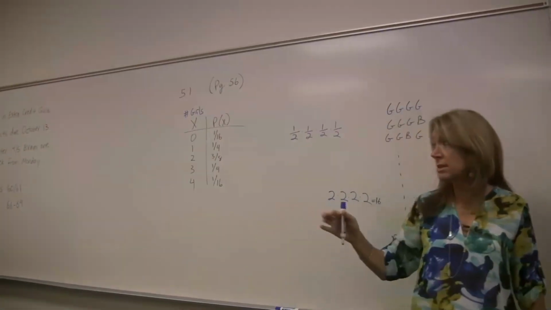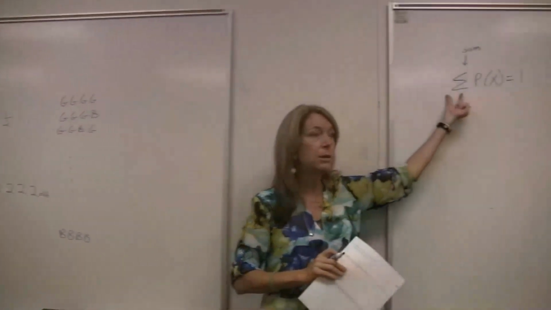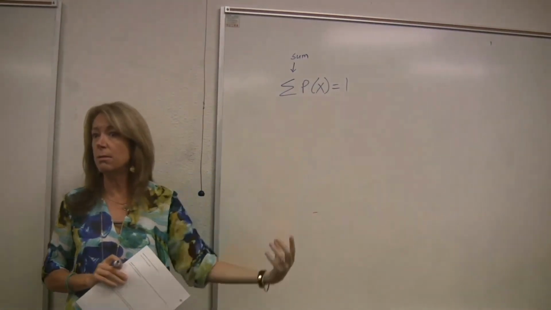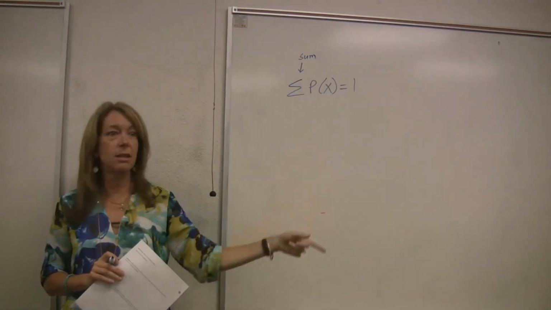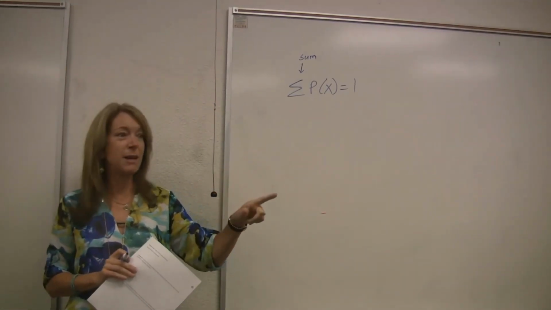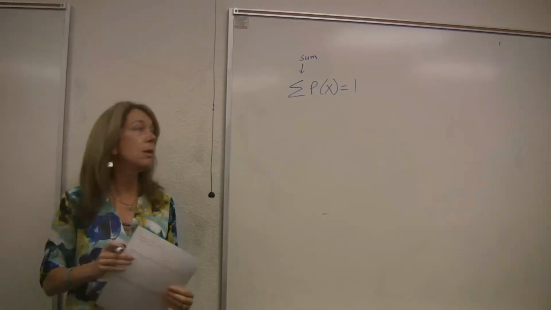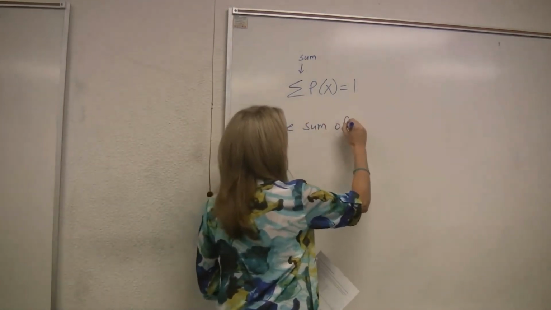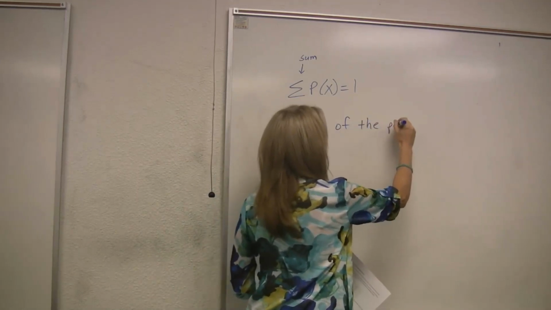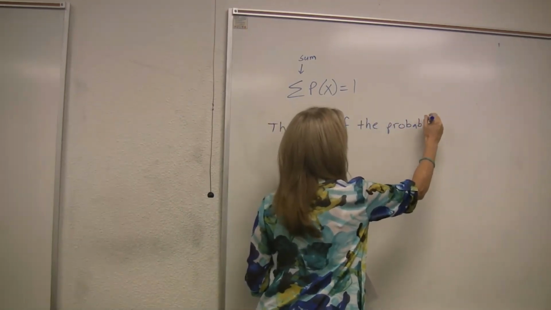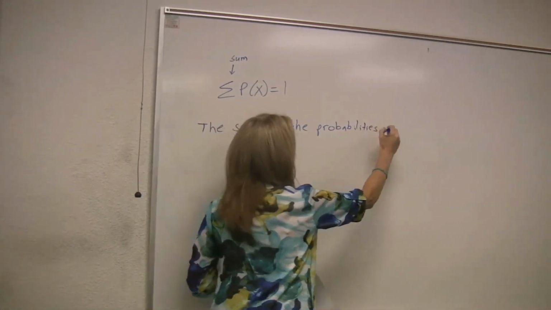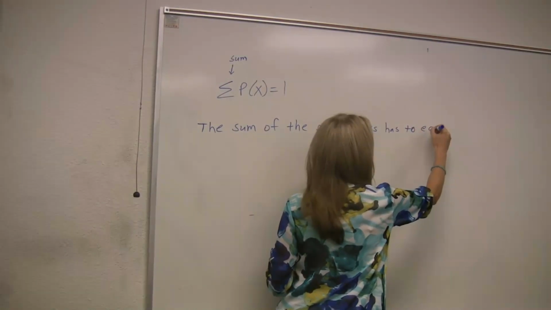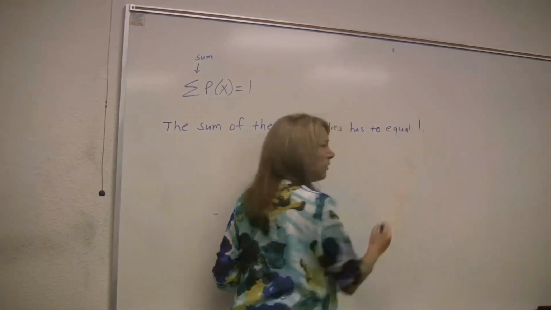So let's just go with what Kirsty's telling us. She says this means sum, and this means probabilities. So somebody tell me an English sentence that this says. Hang on, Kirsty, I know you're all over it. I want to see somebody else got it. Yes, the sum of the probabilities has to equal 1. Everyone agree that's what it says?